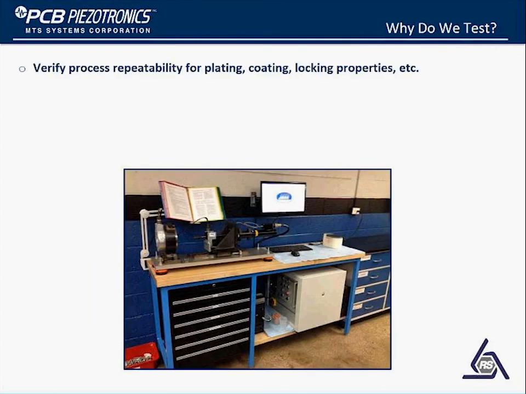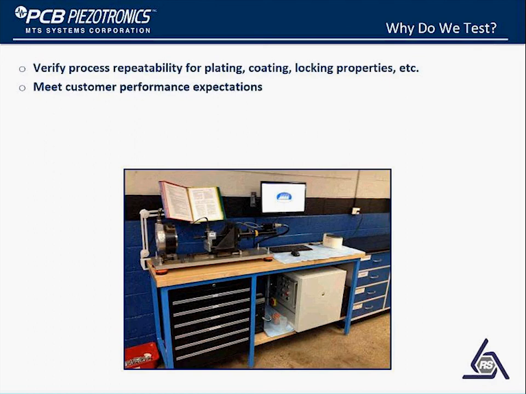Well, we want to verify the process repeatability of some of the important features of the fastener. How does the plating work? How is the coating working? Do the fasteners have the proper locking properties if they're designed to be a prevailing torque nut?